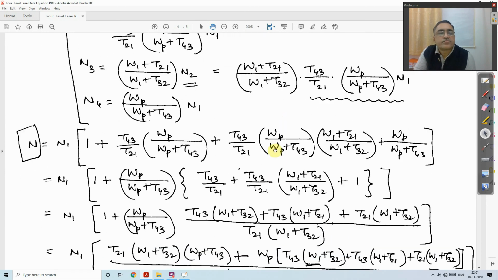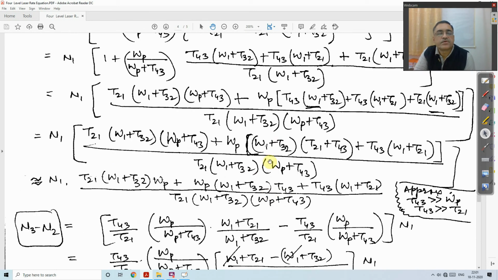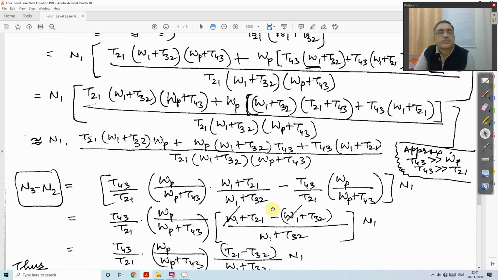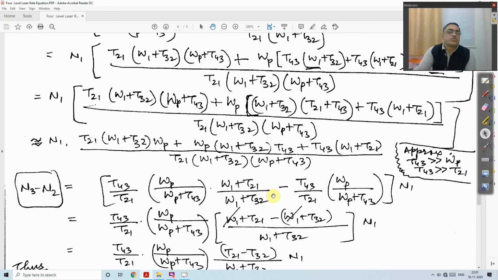Now, once we know N2, N3 and N4 in terms of N1, we have also obtained the total number density N in terms of N1.